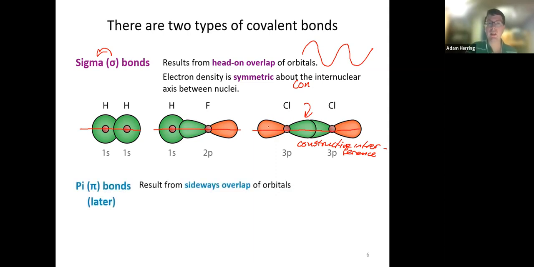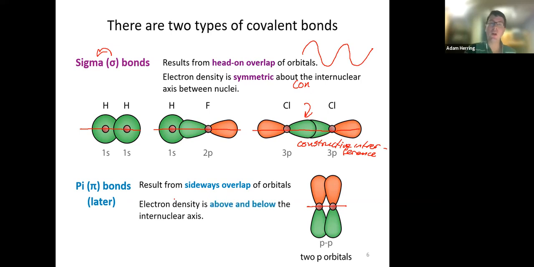This is in contrast with what we call pi bonds, and this results from the sideways overlap of orbitals. This only occurs in the case of p orbitals, and you can see that where those orbitals are overlapping is not along the axis of the nuclei themselves, but above and below that internuclear axis. We'll learn a lot more about pi bonds in a later video.